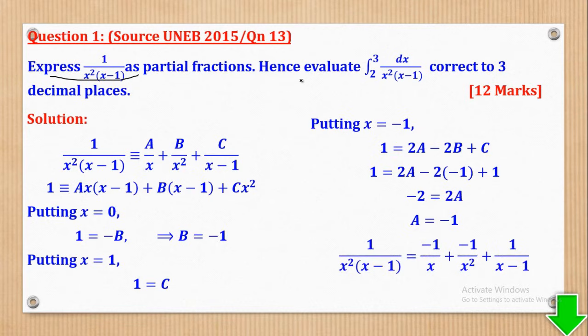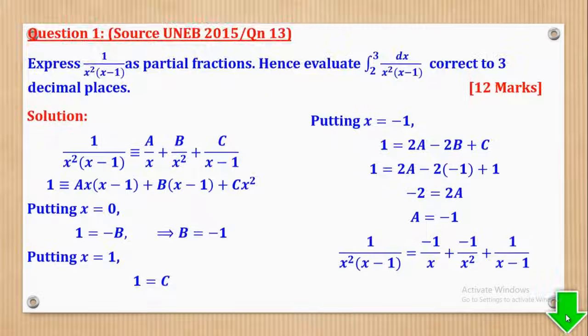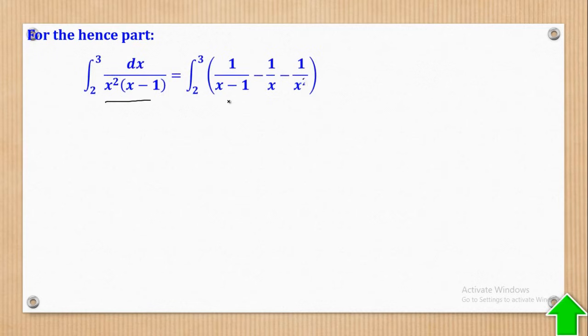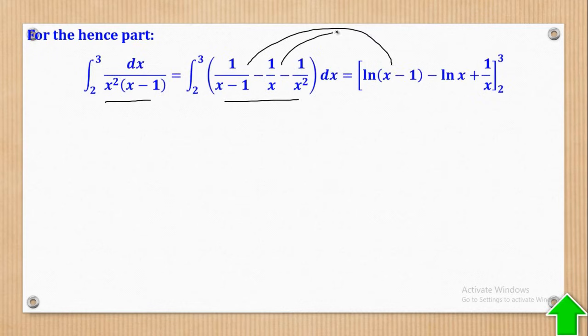Now we have to go and integrate. For the hence part, integrating this is the same as integrating this. Therefore this gives you ln that, and this gives you ln that, and this gives you 1 over x.